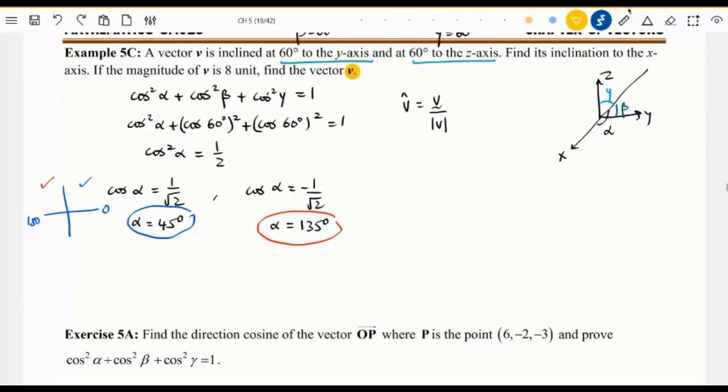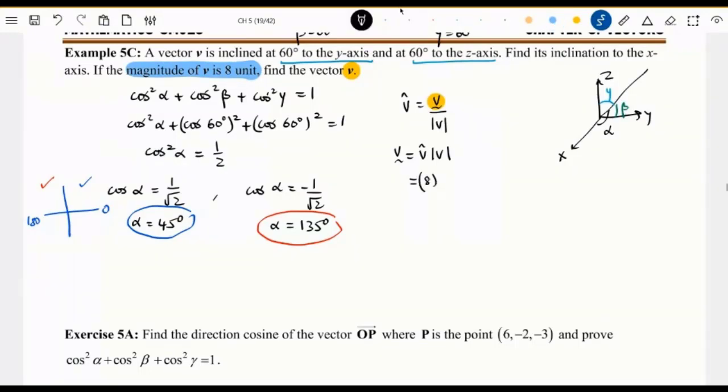Sekarang ni yang kamu nak cari adalah position vector V. So saya ubah position V tu sebagai subjek. So dia adalah V hat darab dengan magnitude V. Okay. Magnitude kita adalah 8. Mana datang 8 tu adalah daripada sini. So kita boleh gantikan 8 dulu.